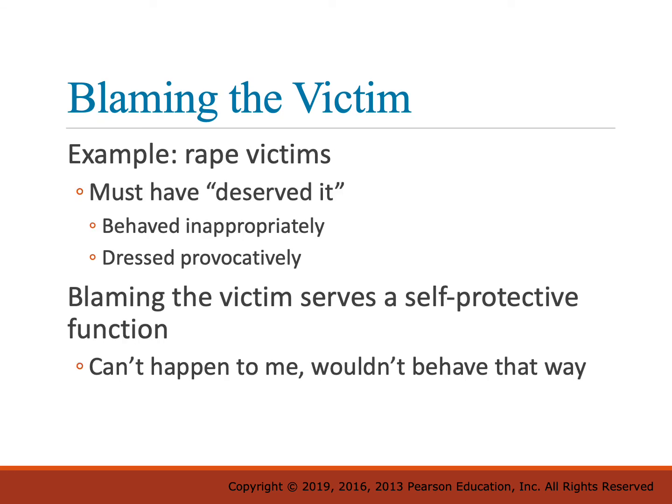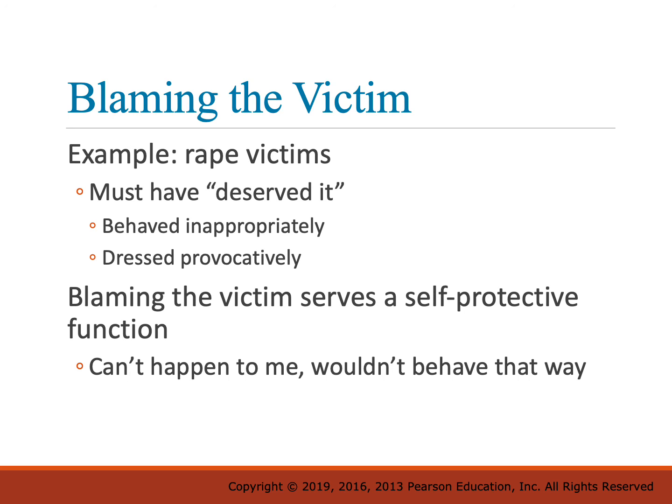So an example of blaming the victim, oh, she must have deserved it. She was behaving inappropriately. She was dressed provocatively, right? So blaming the victim serves as a self-protective function. If you say the reason this happened to them is because of something they themselves did, then it can't happen to me because I wouldn't behave that way, right?